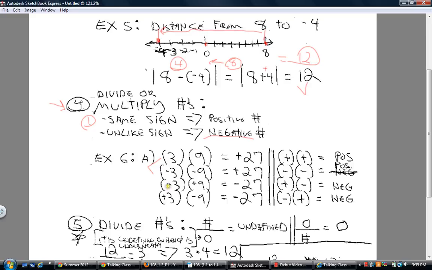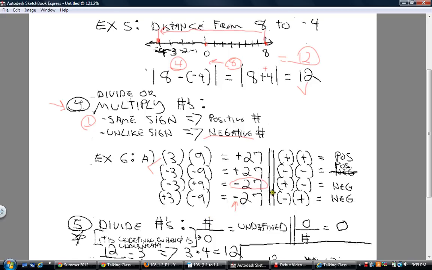If I owed $3 for every day I went to Sonic to buy my famous limeberry cream slush that I love, and I went 9 days straight in a row and put it on my credit card, how much money would I have at the end of the bill for that month? Well, I owed -$3. I did not get out of debt because I kept borrowing 9 times. So that's one way to remember that a negative times a positive is a negative, or a positive times a negative still produces a negative.